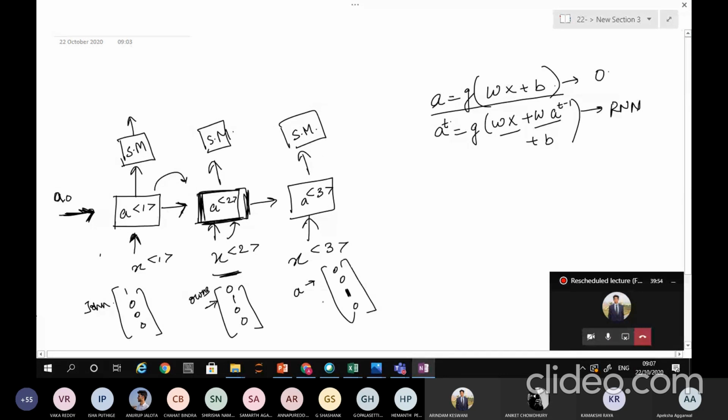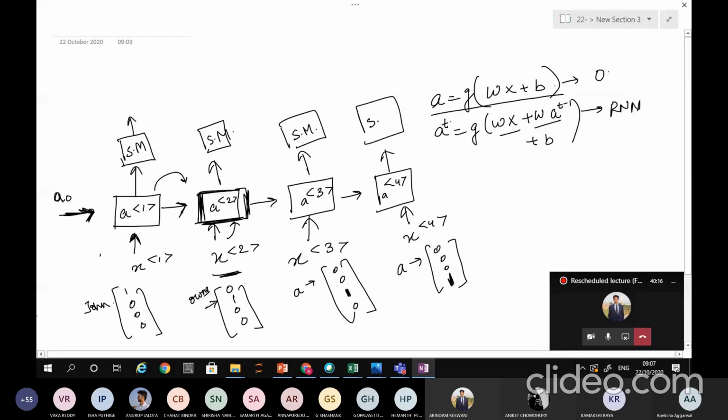This is just simple one hot encoding that we have already seen. Then we have X4, 0001, 1 because of car.